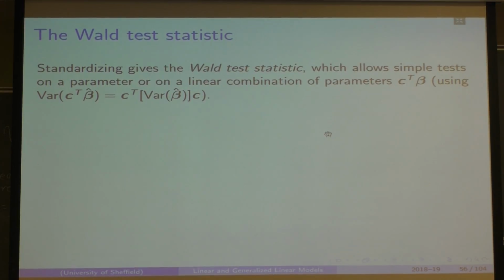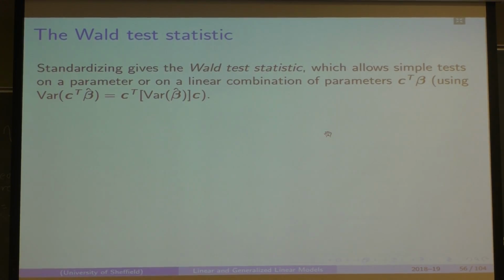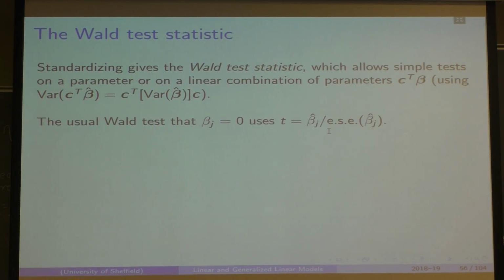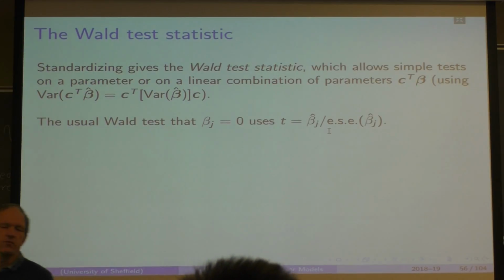Say we might ask, is the coefficient of a certain variable 0? We can also do some more complicated tests, as we did in section 1, where we defined hypothesis tests with linear combinations of the parameters. In particular, if we want to test that beta j equals 0, then we can use the estimate of beta j divided by its estimated standard error.